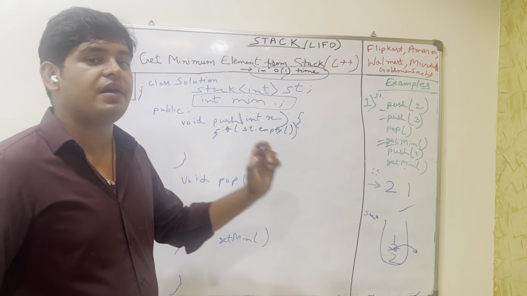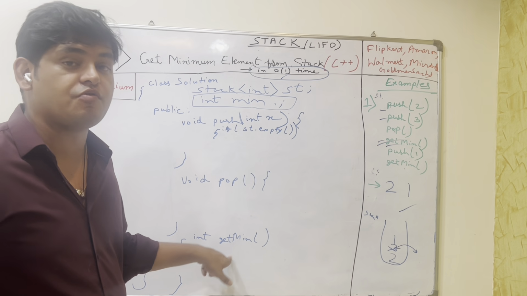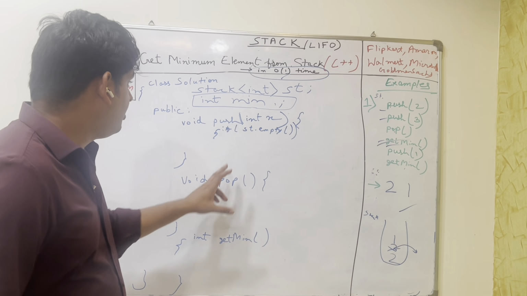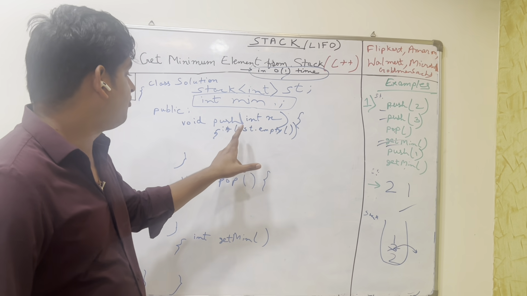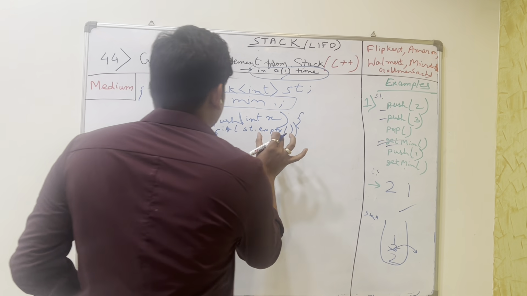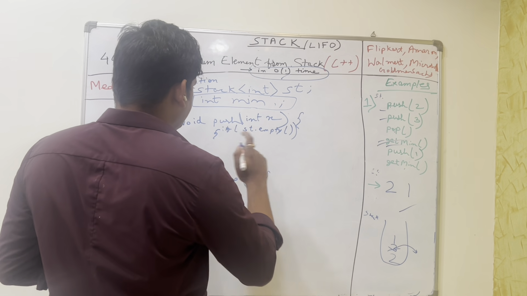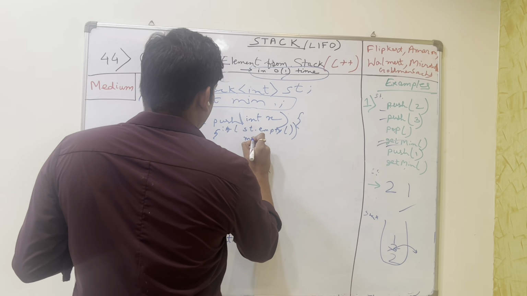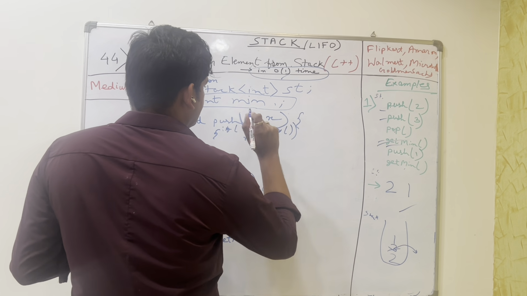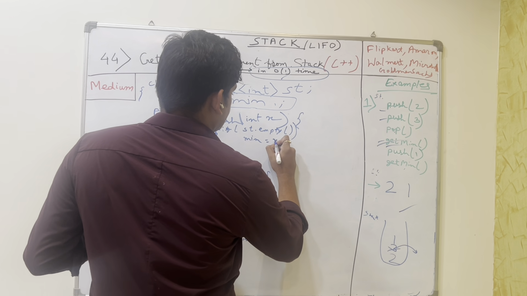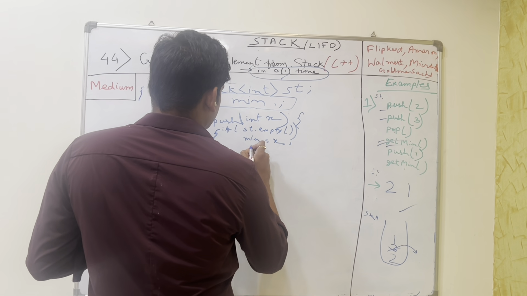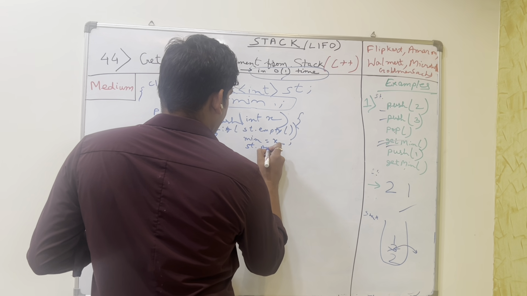Here we are pushing and popping, it is order of 1 only, but this get min has to be in order of 1. This get min can be in order of 1 when we know the minimum element is found before only, right? So can we do something like this, that if the stack is empty, we know the minimum element in the stack would be this element, right? Of course, right? And we will push this x into the stack.